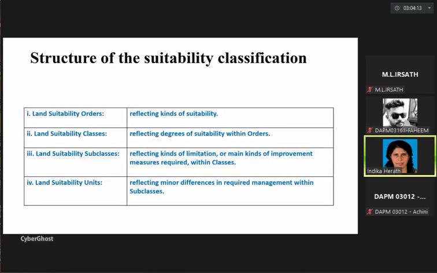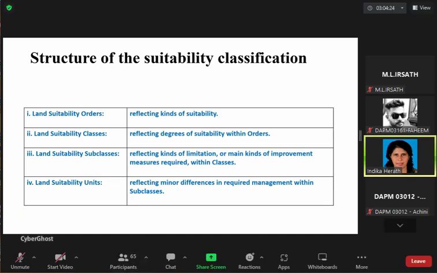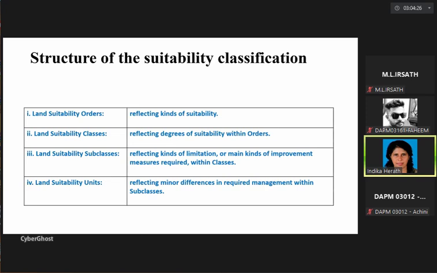So this is an example of how suitability classification is used for other categorization of needs, right? So you can see the structure of the suitability classification. The very first one is land suitability orders, and under an order there can be classes, right?